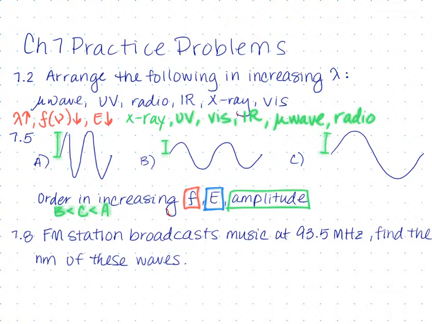Now let's do energy. So remember, like we put in the previous problem, as frequency goes down, energy goes down, and as wavelength goes up, energy goes down. So really, in order to determine the least energetic wave, I need to determine the longest wavelength.